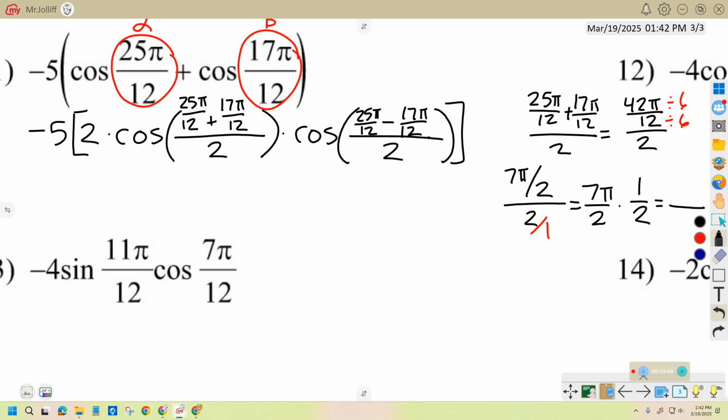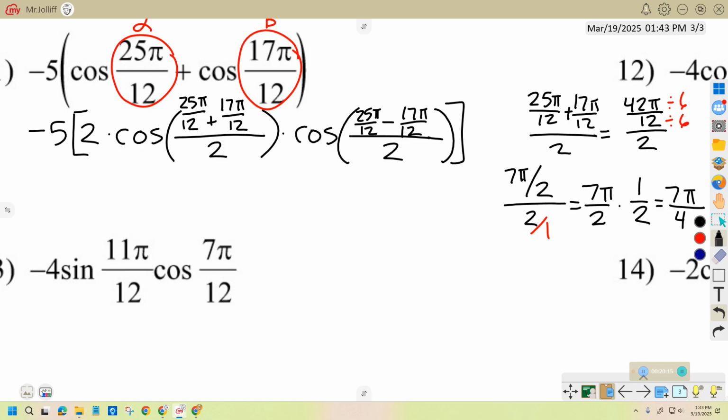So my numerator is going to be 7 pi. My denominator is going to be 2 times 2, which is 4. Which is way less scary than what I had to begin with. 7 pi over 4. Is 7 pi over 4 on our unit circle? Yes, that's good news. So we've just rewritten this as something we can tackle.